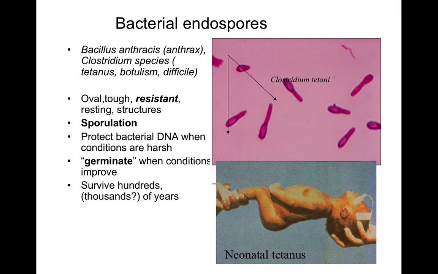And the antibodies against the tetanus toxin, called antitoxin, as the endospores germinated in the umbilical cord and the bacteria pumped out the tetanus toxin, the mom's antibodies circulating in the baby would have bound to the tetanus toxin and prevented it from binding to the baby's neurons, and that would have prevented the baby from developing tetanus.